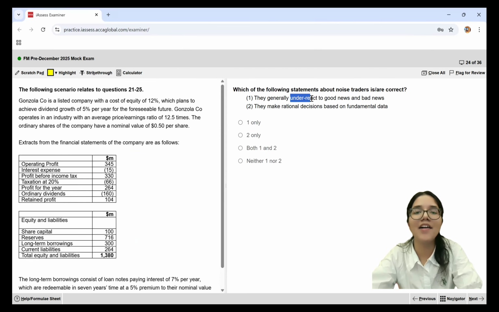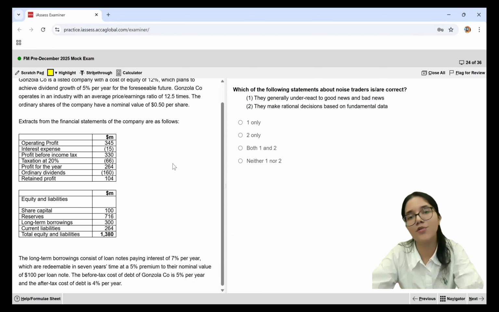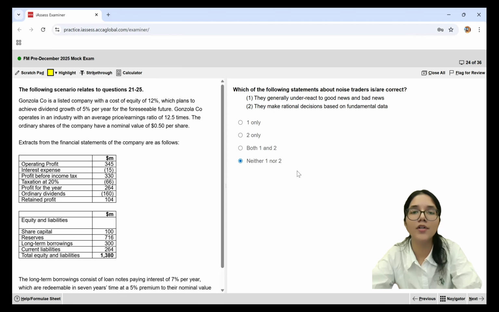This statement says they underreact, which means this statement is incorrect. Second is they make rational decisions on the basis of fundamental data. They never do any research. They simply overreact to the news happening around them, good news or bad news. So they do not make any rational decisions either. So neither the first nor the second statement is correct.